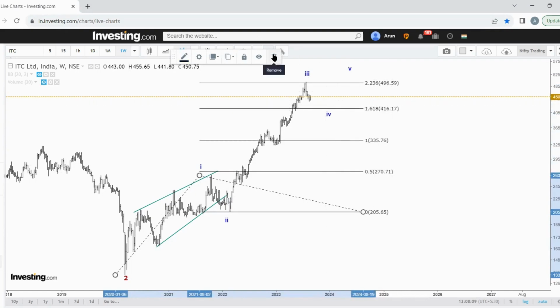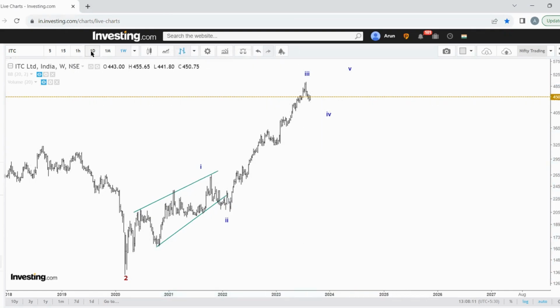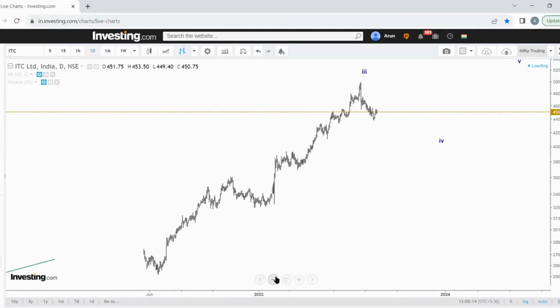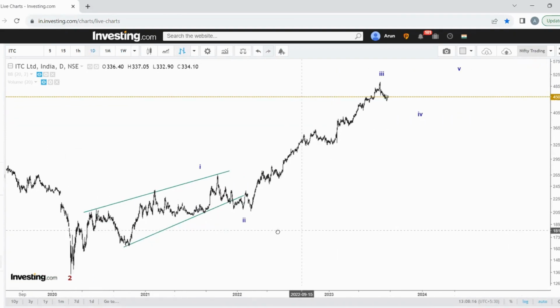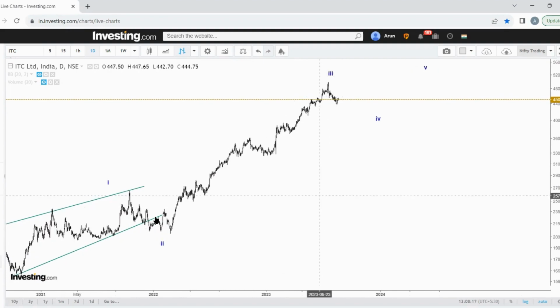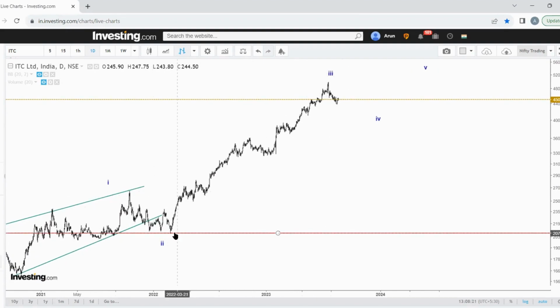So wave 4, this is the low of wave 2. From this low, 1 2, 1 2 3 4 5, 3 4, and 1 2 3.